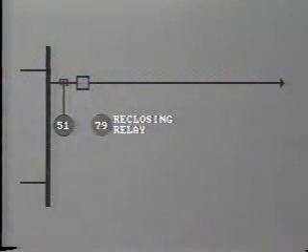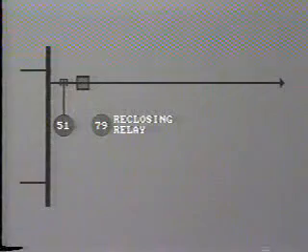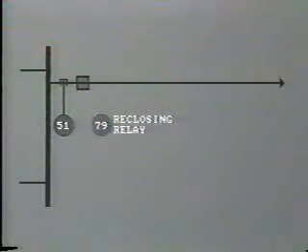Therefore, when the breaker is reclosed by the reclosing relay, the fault will have disappeared and the line can continue operation as normal. However, if the fault is permanent, for example, perhaps a tree limb has fallen onto the line, then the protection will sense that the fault condition persists and will trip the breaker again.